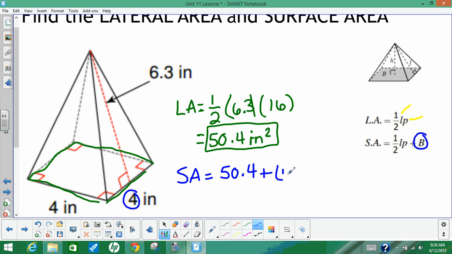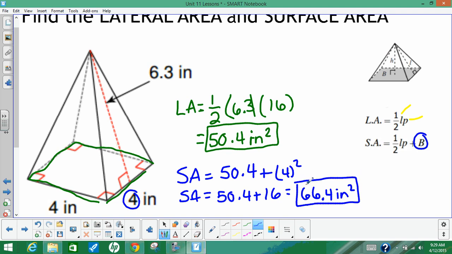So 4 squared. So our total surface area is 66.4 inches squared. And of course, if they didn't ask you to find the lateral area first, you would have to plug these dimensions into this formula in order to get there.